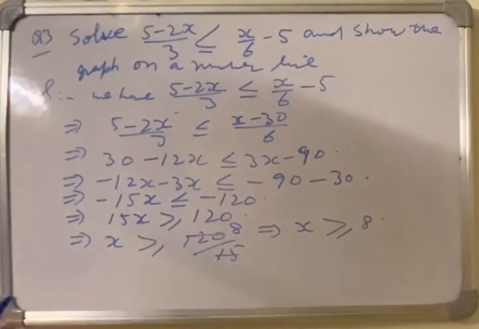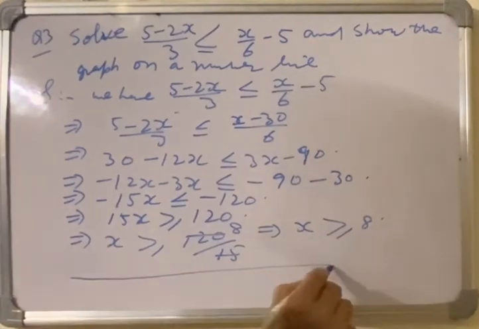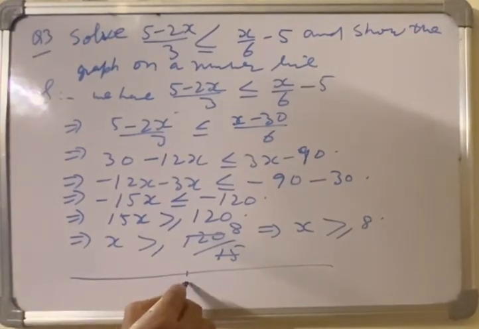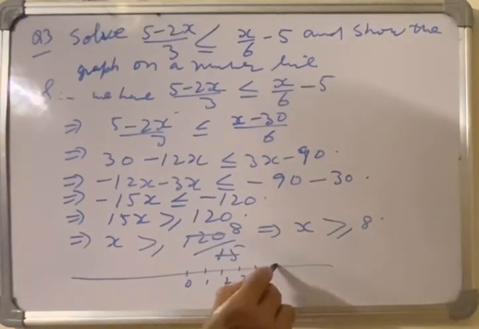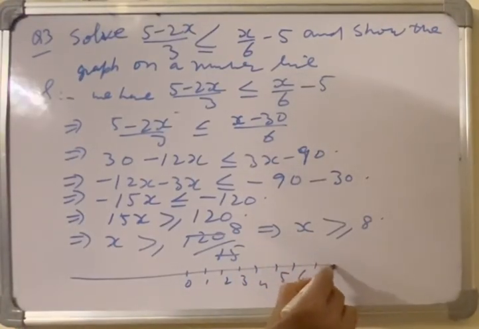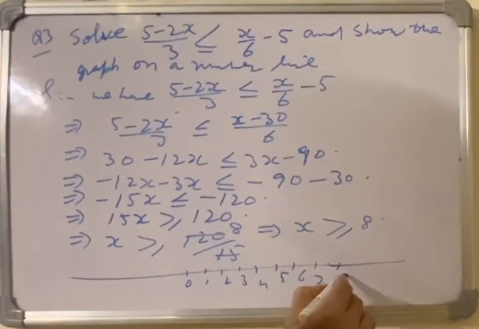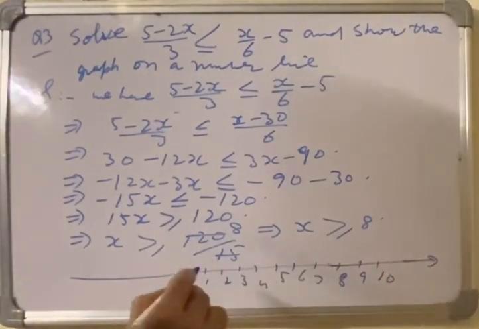Now we express it on the number line. This is 0, 1, 2, 3, 4, 5, 6, 7, 8, 9, 10, so on.